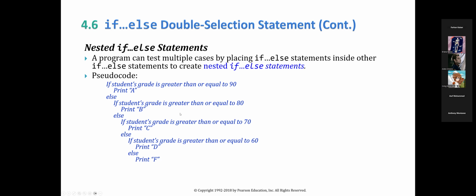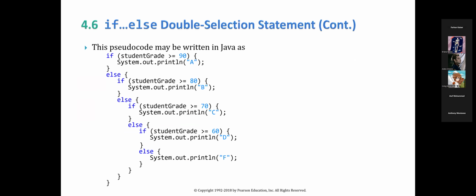In that decision, if the grade is greater than 80, we print B. Otherwise, we go to another decision again. That decision specifies whether it is going to print C or D or F, etc. That is the nested if-else statement.